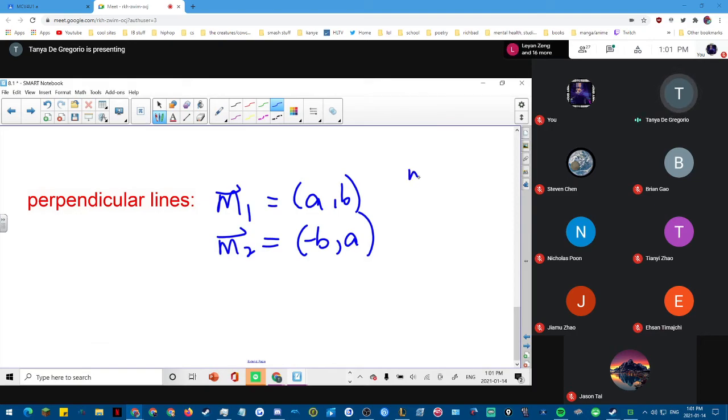Okay, and as I said to you before, this is showing me a slope of B over A. This is showing me a slope of A over negative B, or negative A over B. Cool?